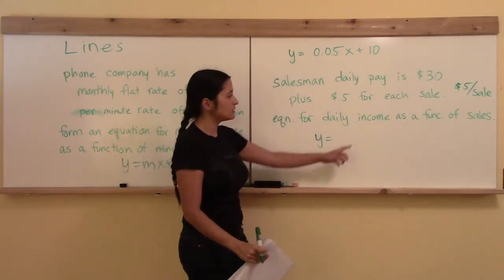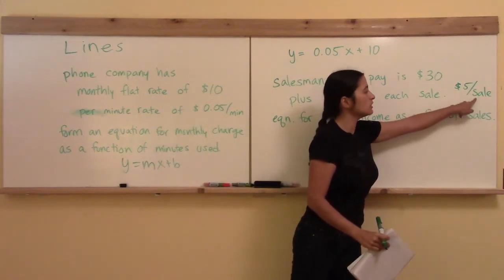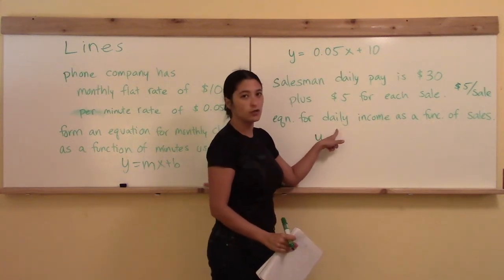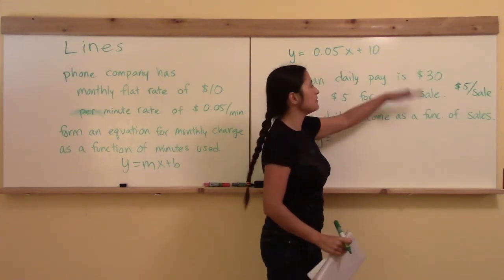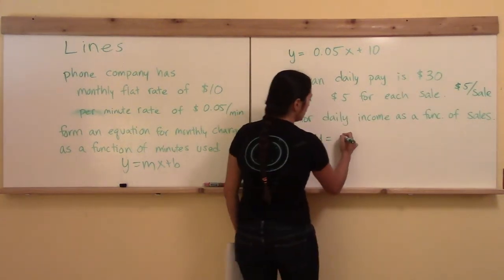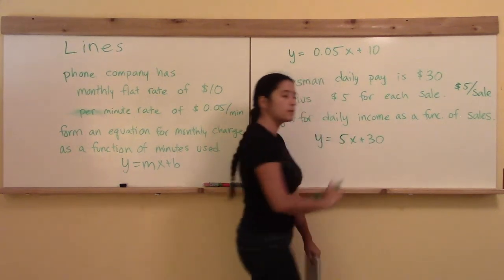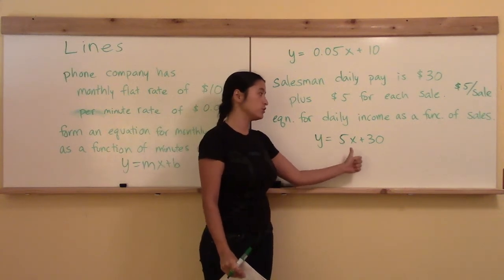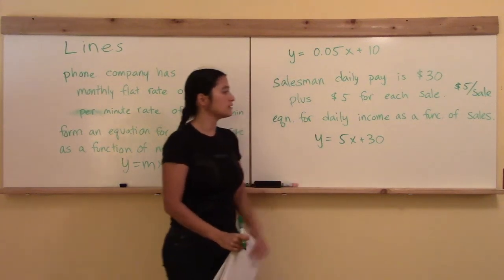And you can see that the x, the independent variable, is sales. So the x unit is on the bottom, and the y is going to be daily income, so that's in dollars, and the y unit is on the top there. So this is the slope, and then the other one's going to be the y-intercept. So we have 5x plus 30. And when you're doing a problem like this, don't forget that once you find the slope, you must multiply the slope by the x, and then you just add the y-intercept right there. Okay.